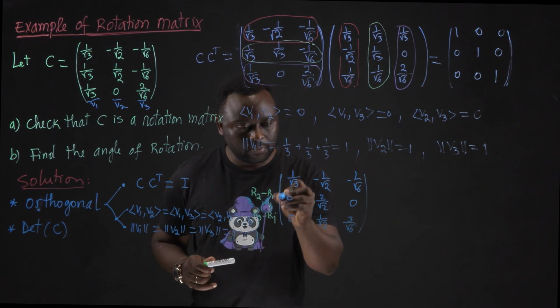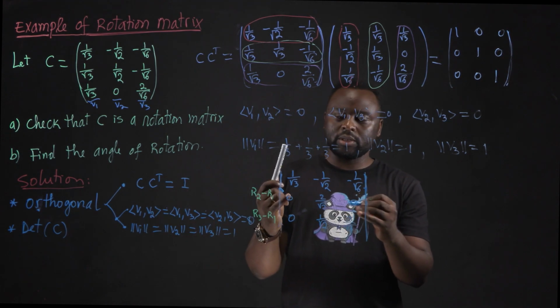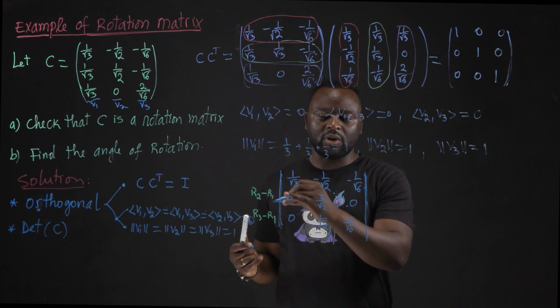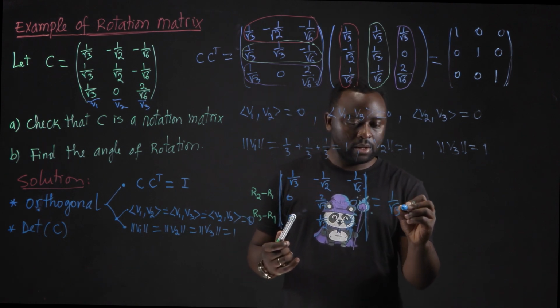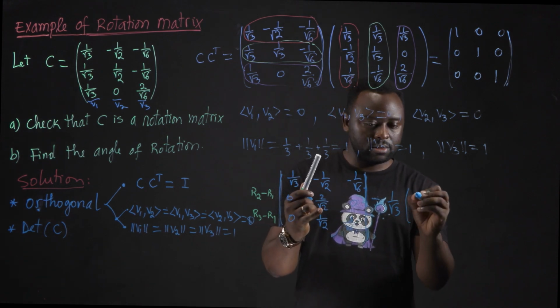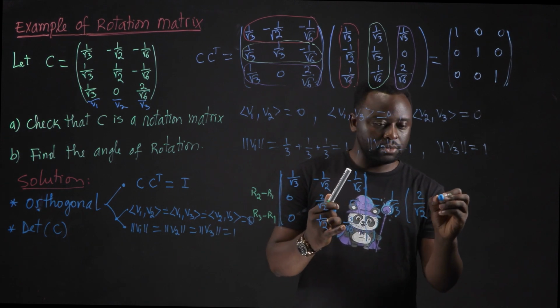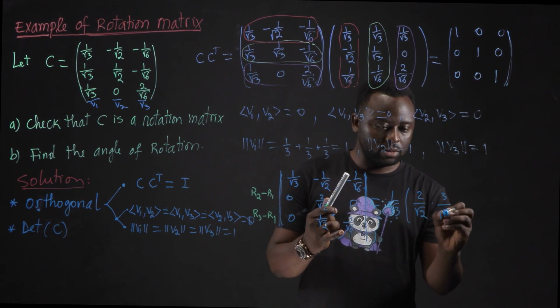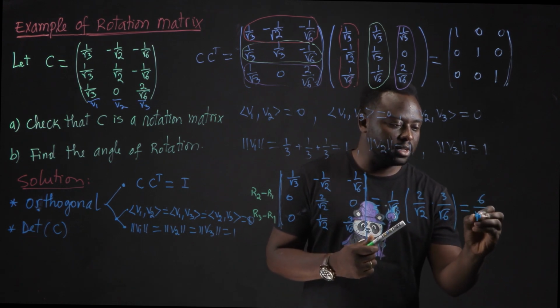So let's find the determinant of this matrix. If you use the first column, this is 1 over square root of 3 multiply this times this. So this is 2 over root 2 times 3 over root 6. So this is 6 over square root of 36.